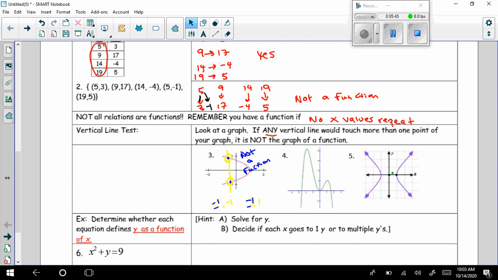You would need to be really careful when you're graphing things like this, especially parabolas, don't make it a straight vertical line, or then it no longer is a function. But this one passes your vertical line test, so it is a function. This one again does not pass your vertical line test, so it's not a function.